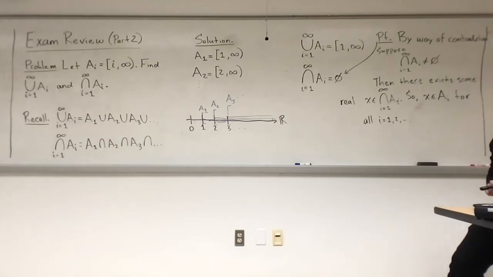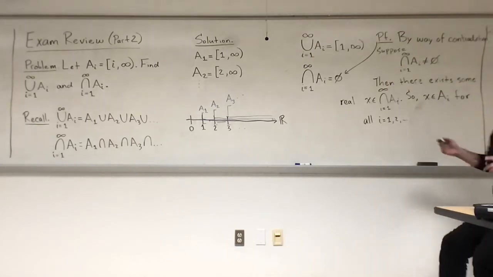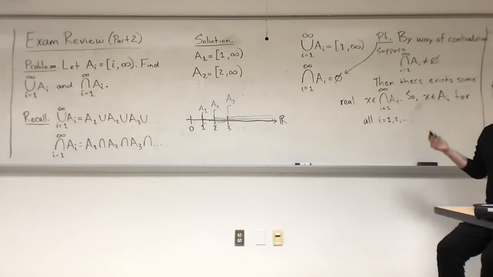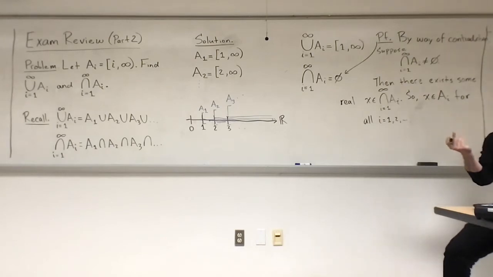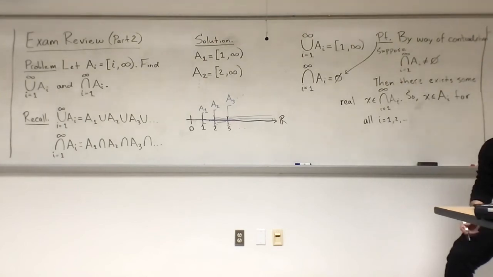What does the floor function do? It makes a decimal become an integer. If x were something like 3.5, the ceiling would make it 4.